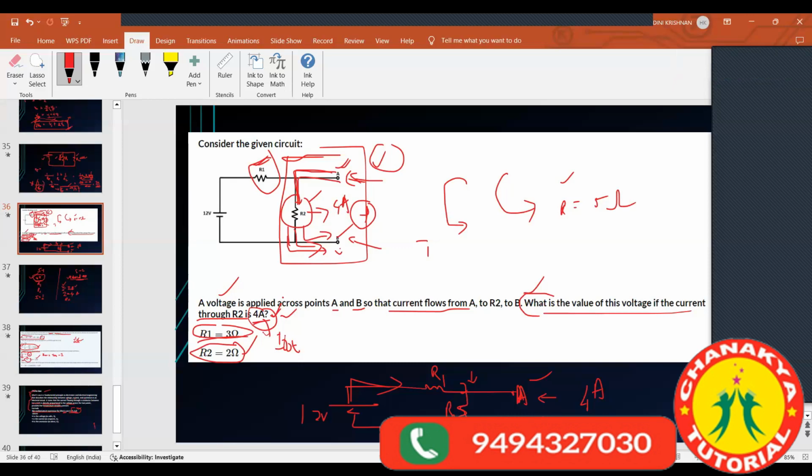The 4 ampere is the resultant current. But for us, what the question is asking is that you find only the voltage to that circuit.